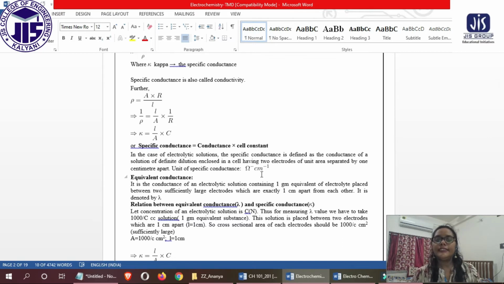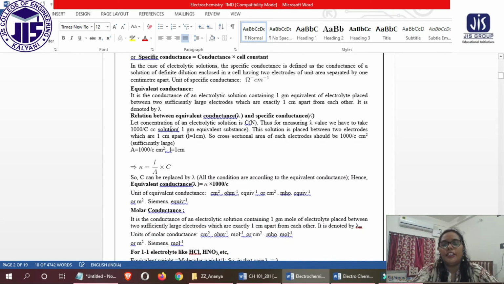The cross sectional area of the electrodes is 1 centimeter square and the distance between the two electrodes is 1 centimeter. Whatever conductance we get in this case is called the specific conductance.